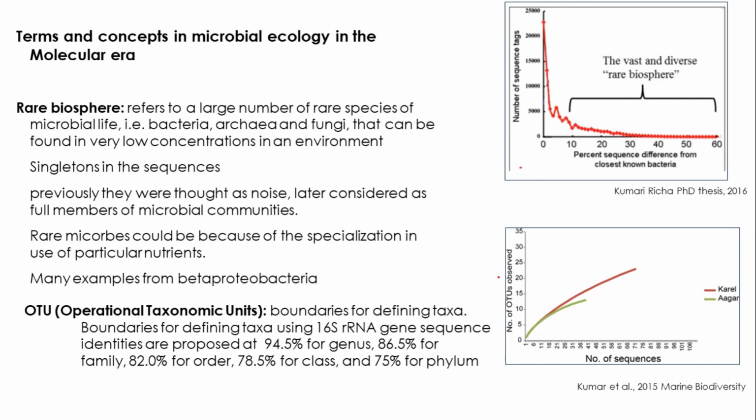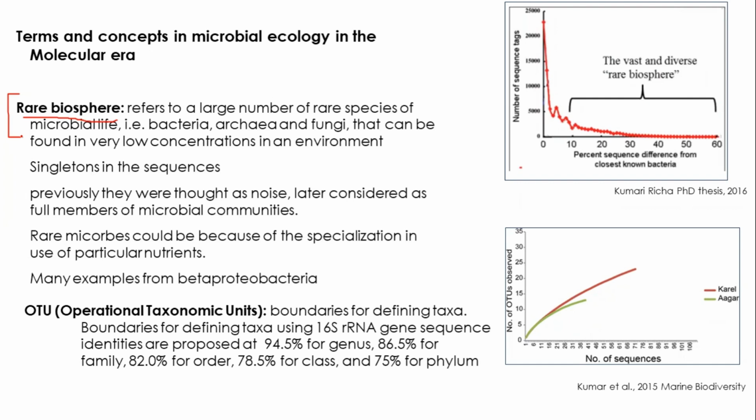Now that we know there is a molecular era in microbial ecology, there are two terms which have evolved in the last 10 years. First is the rare biosphere. By rare biosphere you can understand those organisms which are present in a very small quantity.